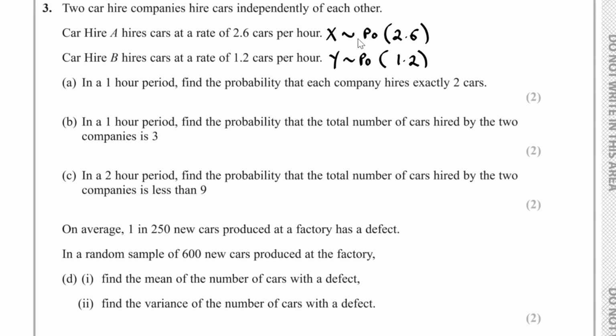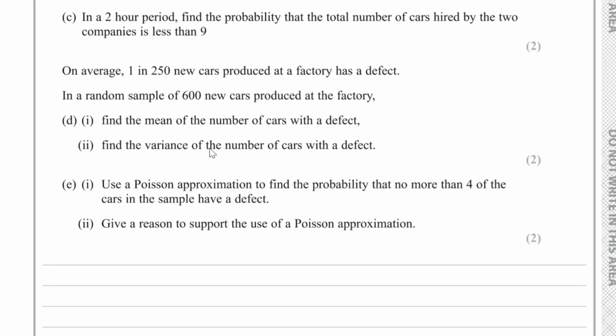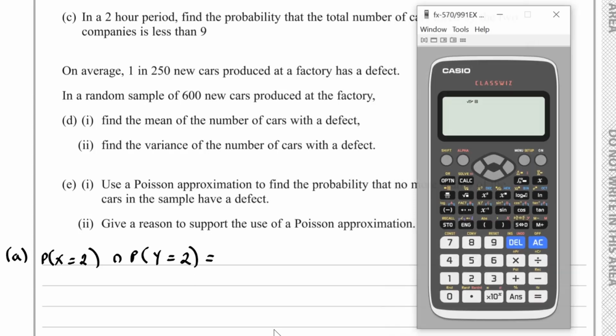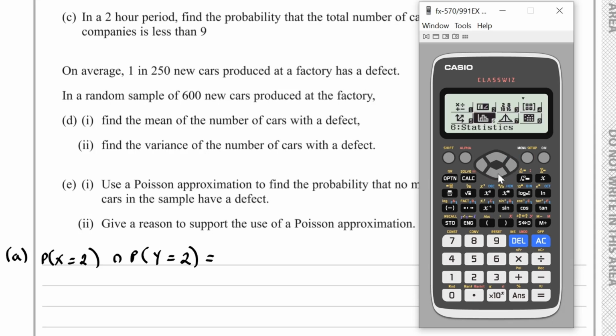So we're looking at x equaling 2 and y equaling 2, because we were told each company hires exactly 2 cars. So for part A, we want the probability that x equals 2 and the probability that y equals 2.